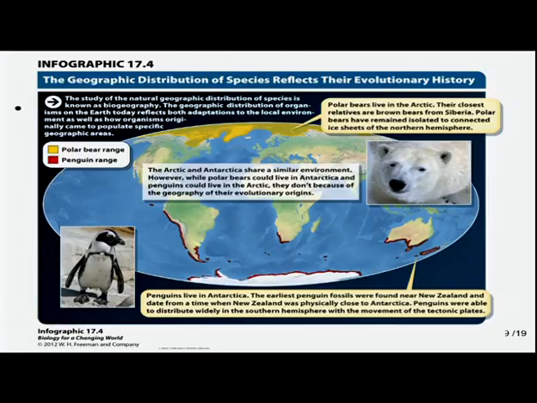So penguins exist in Antarctica and down here in the southern tips of all these other continents where at one point they used to all be attached, okay? Whereas polar bears are only found up north where all of those were attached, but never down in Antarctica. And penguins, even though all the Christmas shows show penguins up at the North Pole, there aren't any penguins up there, okay? So don't believe those.